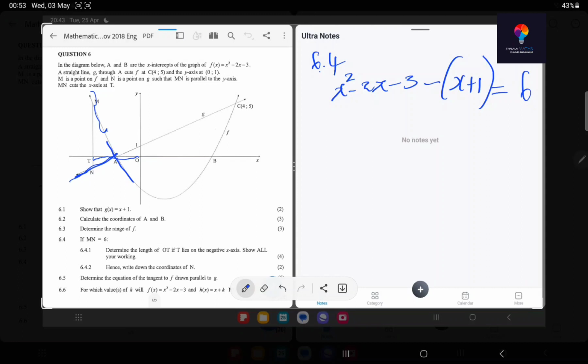So in this case, we will be able to get the coordinates of T, because we are already told that T lies on the negative x-axis. Therefore, this is how to go about it.